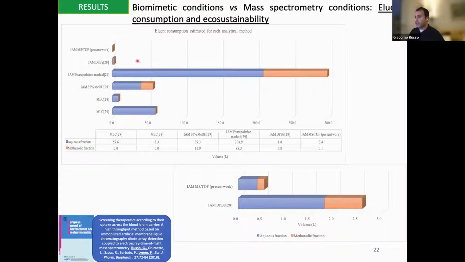So if you compare the eluent consumption, this is really good as compared to the other methods that are reported in the literature. Clearly, micellar liquid chromatography, being based on only water, essentially doesn't use any methanolic fraction, or you can use an organic modifier, but this is not really advisable for a number of reasons.